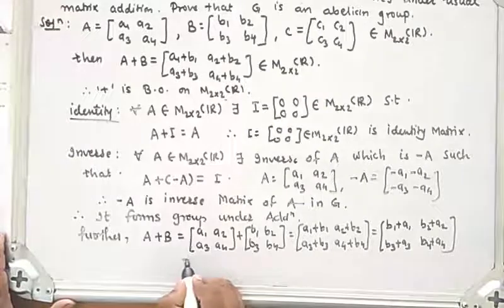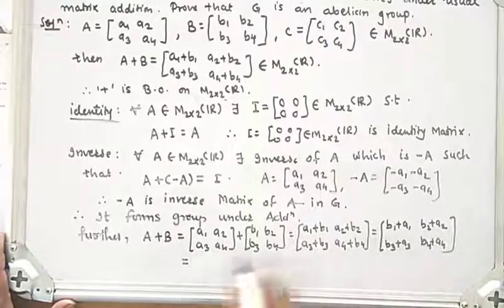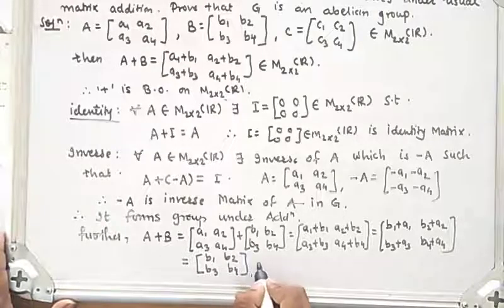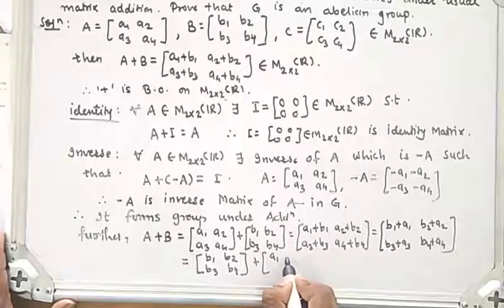So I will separate this, then I can write B1, B2, B3, B4 and here A1, A2, A3, A4.